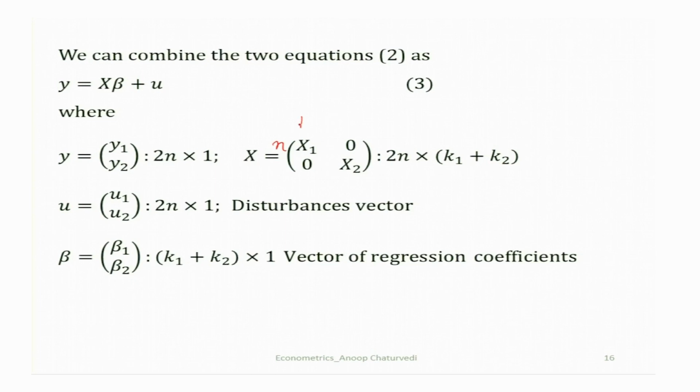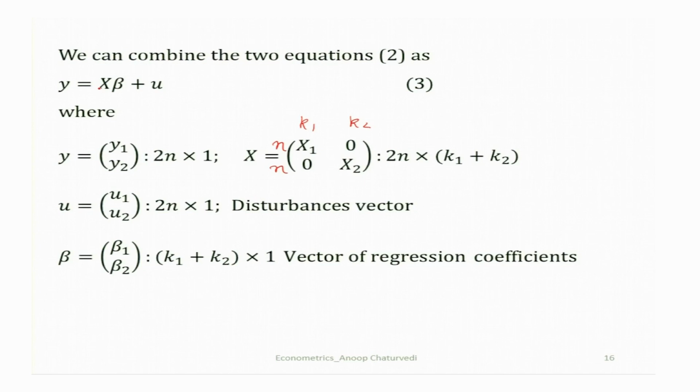X1 is of order n cross k1, X2 is of order n cross k2, and then you have 0 here of order n cross k2, and this 0 is of order n cross k1. Then again u is u1 u2, of order 2n cross 1. This is the vector of disturbances and beta is beta1 beta2, of order k1 plus k2 cross 1. This is the vector of regression coefficients.